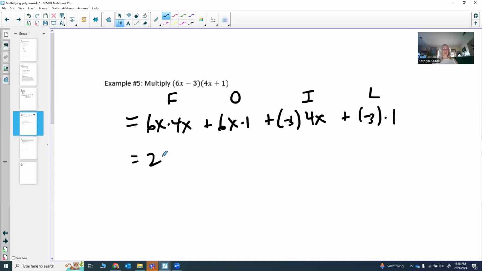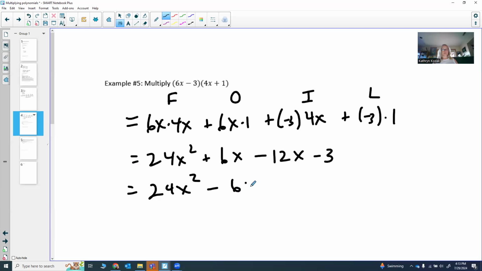So that gives you 24x squared plus 6x minus 12x minus 3, which is 24x squared minus 6x minus 3.